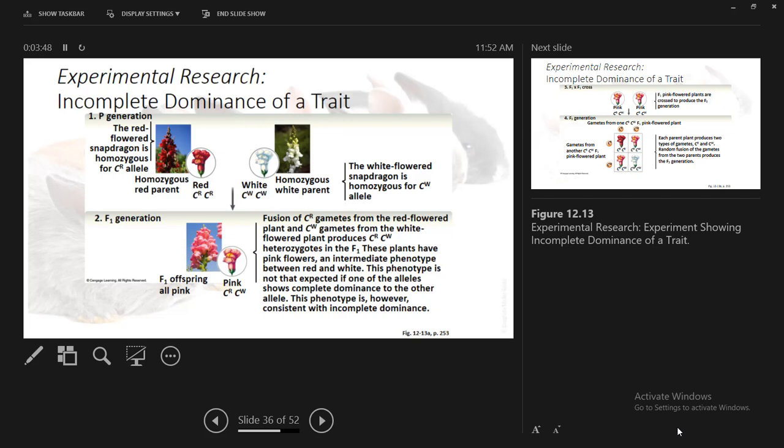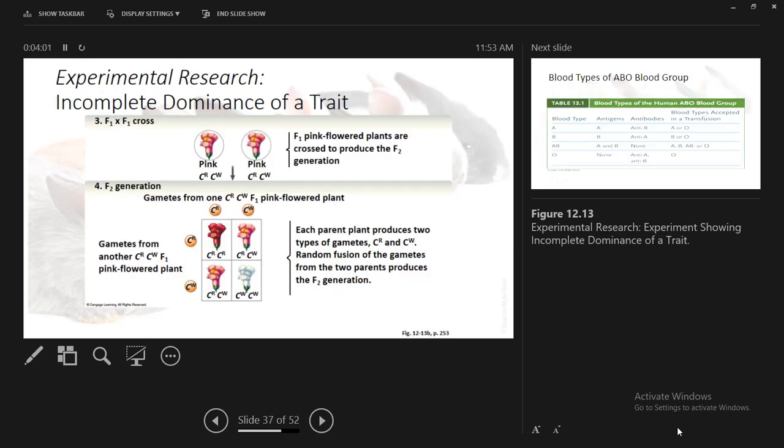Now, what does this look like? The blending theory, right? And so if you saw this, you're like, man, is this blending inheritance? But then if you do a cross between two F1 individuals, if it were truly blending, you would never get the red and the white back. But look what comes back, our red and our white traits.